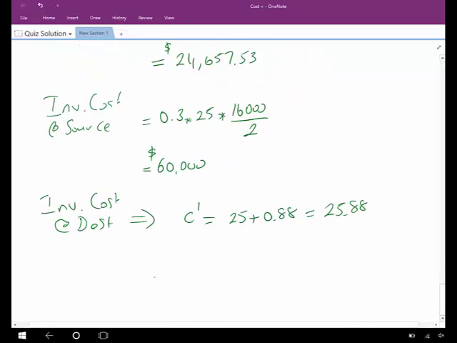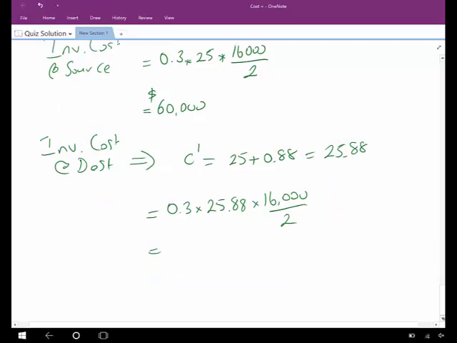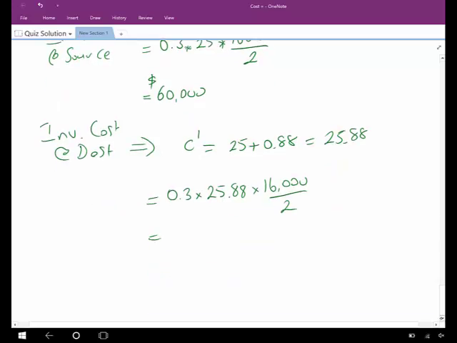So now the inventory cost at the destination is equal to I, which is 0.3, times 25.88, times 16,000 divided by 2, which brings my inventory holding cost at the destination to $62,112.